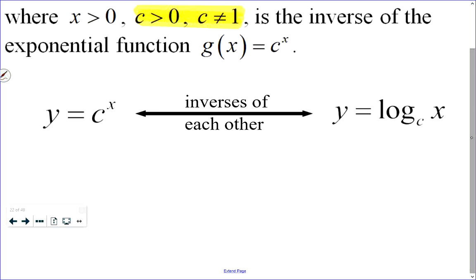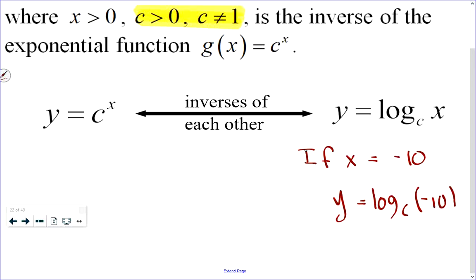In this expression, if x equals, say, negative 10, and it doesn't matter what c is and what y is, we'll get to that in a second, then this would become y equals log base c of negative 10. And what I'm telling you is that is not allowed. When we say x is greater than 0, we are telling you that you cannot take the logarithm of 0 and you cannot take a logarithm of a negative.